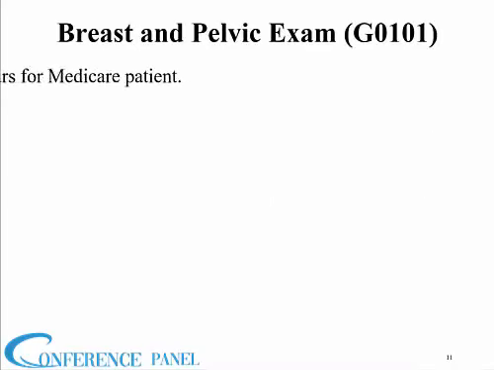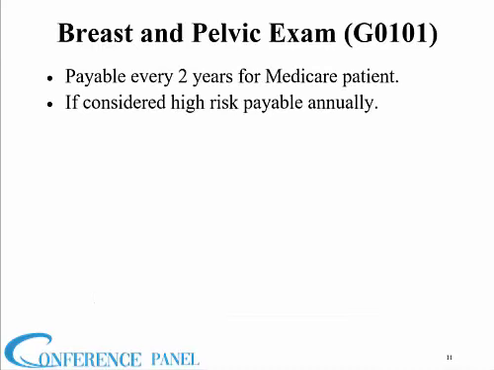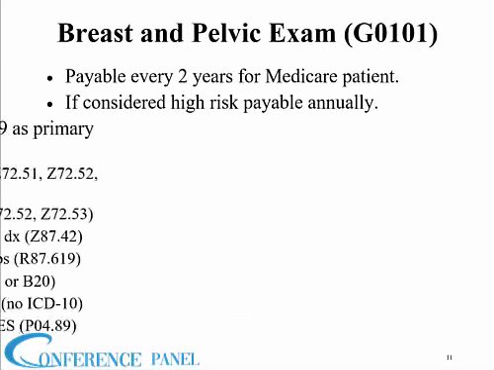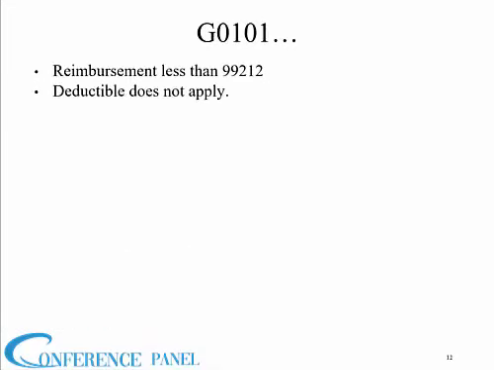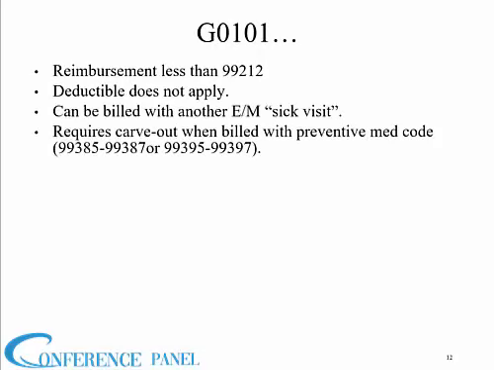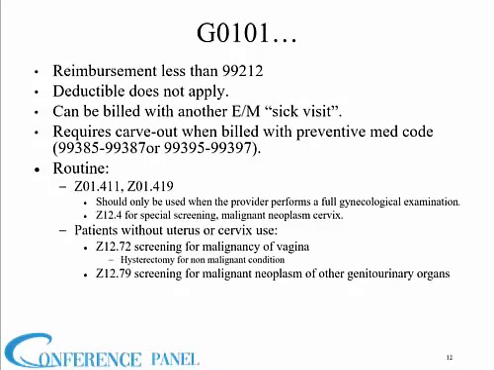Medicare preventive services. We've got our breast and pelvic exam, which is a G0101, and it's payable every 2 years for Medicare patients. G0101 reimbursement is basically less than a 99212. It requires a carve-out when billed with preventive medicine codes 99385 through 97 and 99395 through 97. The routine diagnosis for a G0101 is Z01.411, Z01.419.